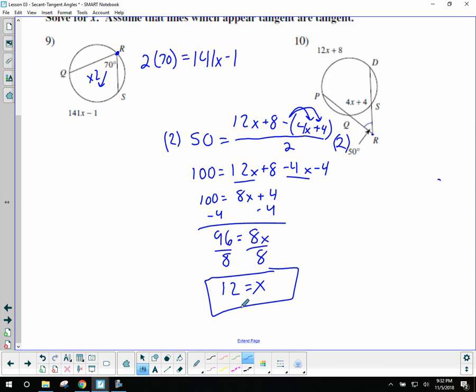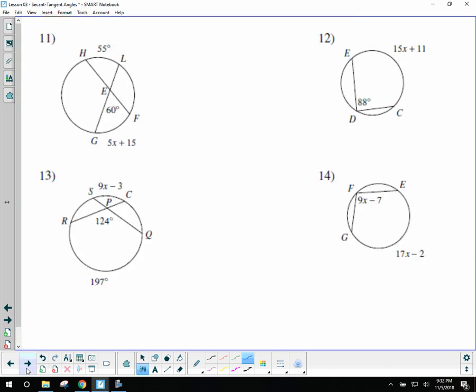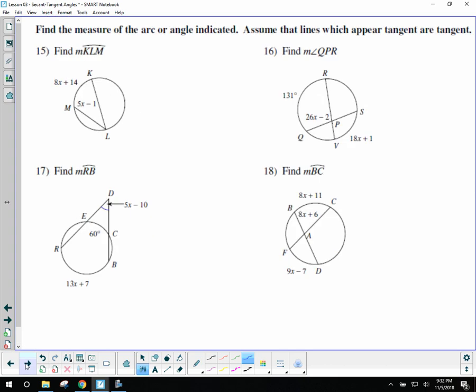All right. Let me see if there's any other headaches for you. Again, you're adding these. I'll give you an answer key later. This angle is right there. That's what that represents. Again, follow the rules.